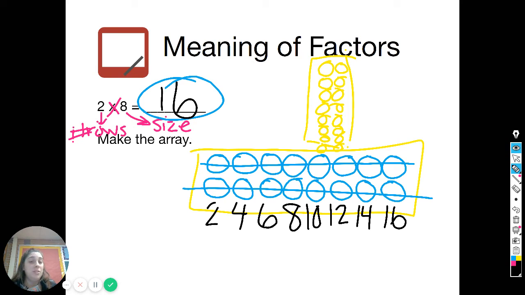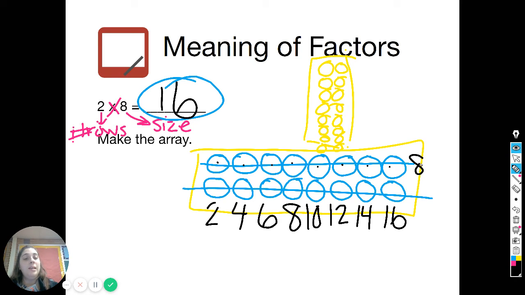The other way we could do that is skip counting our rows of 8, which we don't really know how to skip count by 8, but we could use the trick that we did the other day, which is counting all of the dots or the circles and then writing the number at the end of the row. So let's try that. 1, 2, 3, 4, 5, 6, 7, 8.